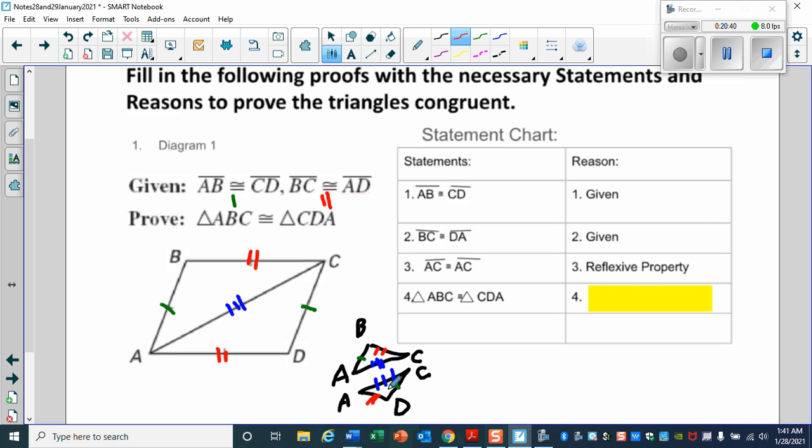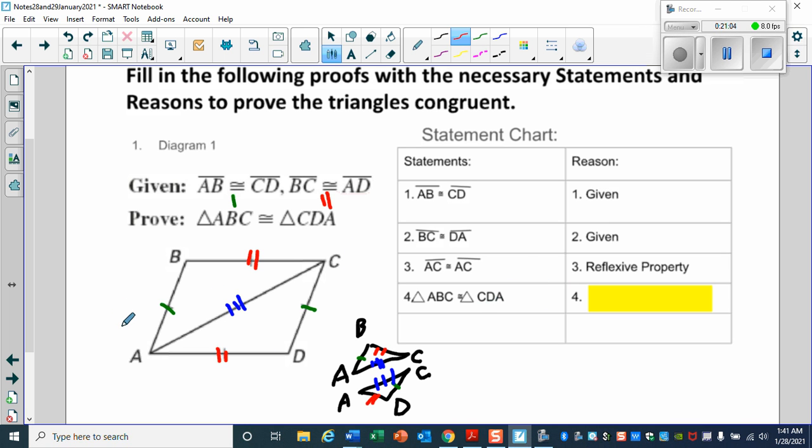But again, this is going to help you when you set up your triangles, like who's congruent to what and your triangle order. So in this case, ABC is going to be congruent to CDA. And again, notice how we went from 1 to 2 to 3. Same thing here, 1, 2, 3.